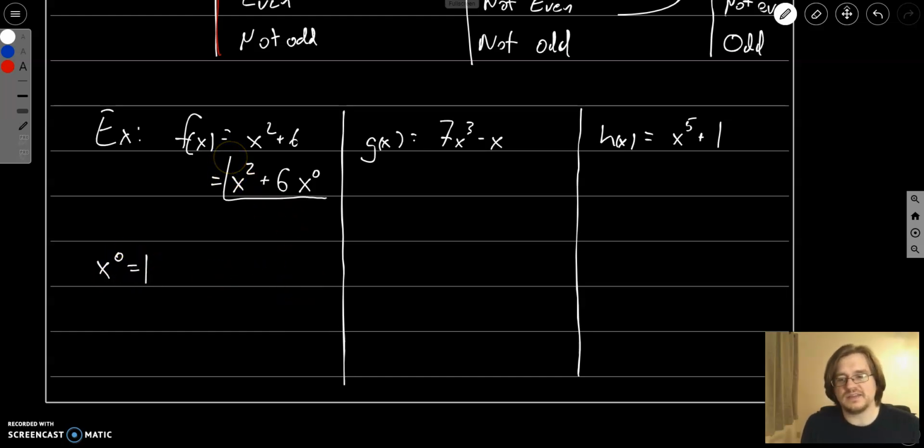So when I look at each power of x, that's an even power. 2 is even. 0 is even. So this is an even function and not odd.